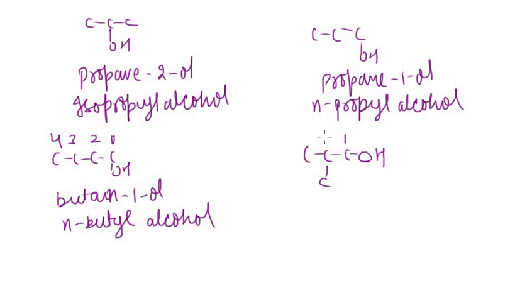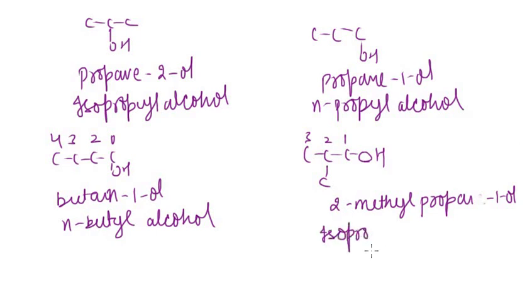the IUPAC name will be 2-methylpropan-1-ol. Now we have to omit that E. Remember, we have to omit that E. We have explained already why we have to omit that E. Or commonly it is called isobutyl alcohol, not isopropyl.